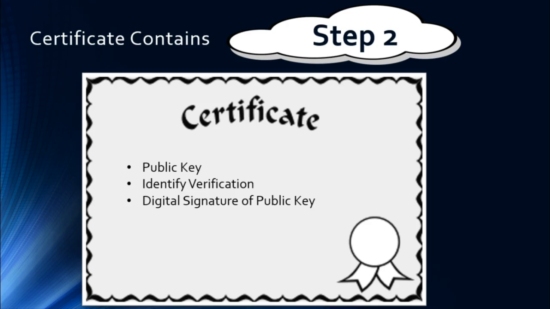And as part of this, to make sure that the public key hasn't been tampered with, there's a digital signature and then also metadata about the digital certificate, again making it hard to forge.